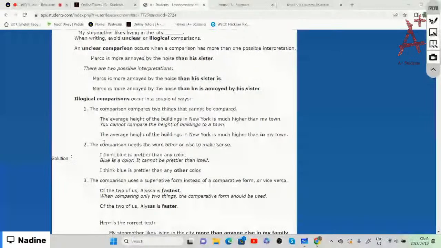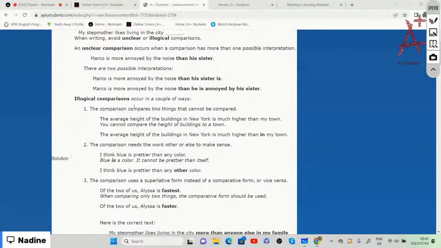The average height of the buildings of New York is much higher than in my town. Either way, it is an illogical comparison, right? Because a comparison that compares two things cannot be compared. You cannot compare, for example, the height of a building to an actual town.